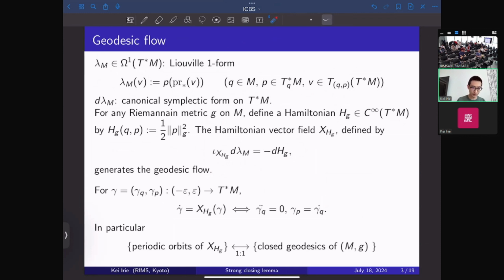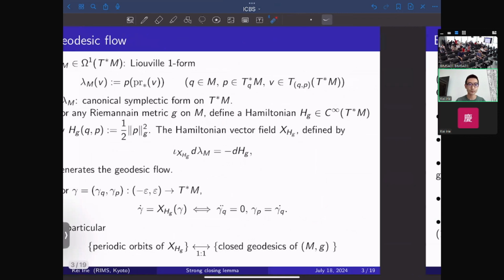It turns out trajectories of the geodesic flow are nothing but lifts of geodesics. So there is a one-to-one correspondence between periodic orbits of the geodesic flow and closed geodesics of the underlying Riemannian manifold. From this point of view, we can use symplectic geometry and the theory of dynamical systems to study closed geodesics.